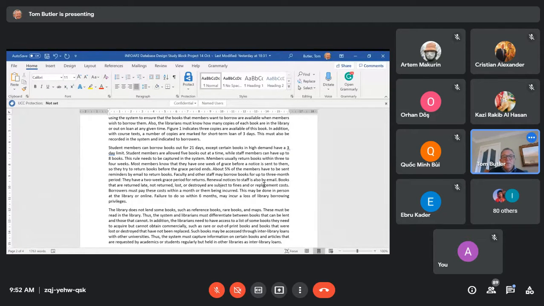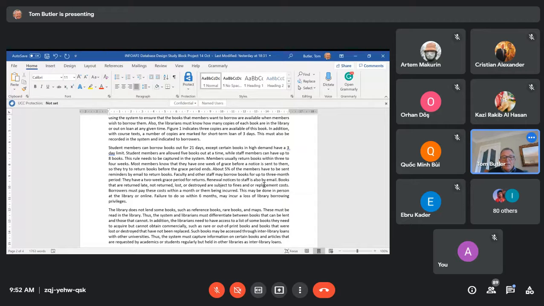So we know that a student can borrow books for 21 days. So on the day the book is taken out, the system must automatically calculate and populate a due date. So I think in this case, that due date needs to be an attribute in the system. So date borrowed and due date. And then the book status as overdue, if that date is exceeded.